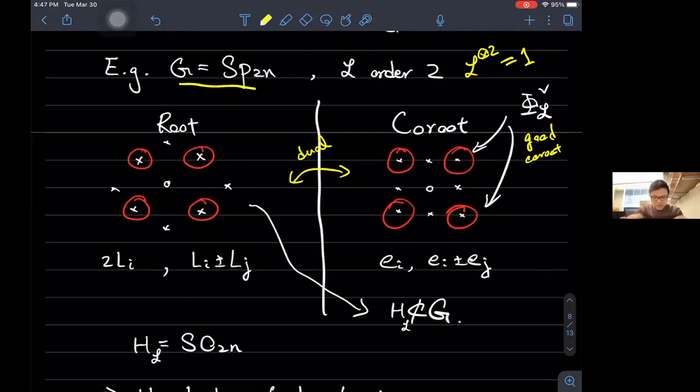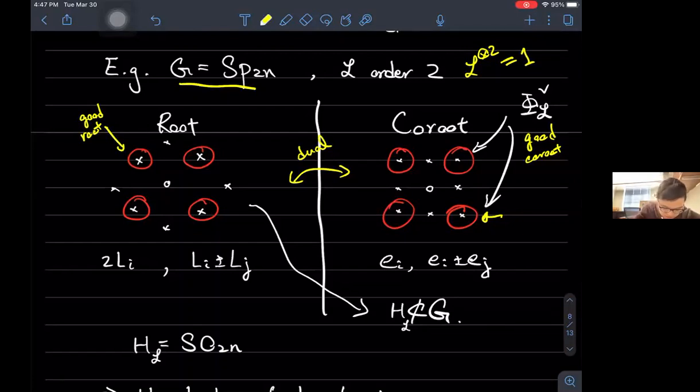You just scale the root to be the coroot. And then the good coroots are the diagonal ones of this large square. So the corresponding root will be the red circled root. It is a vertex of a square, but it is the smaller square.